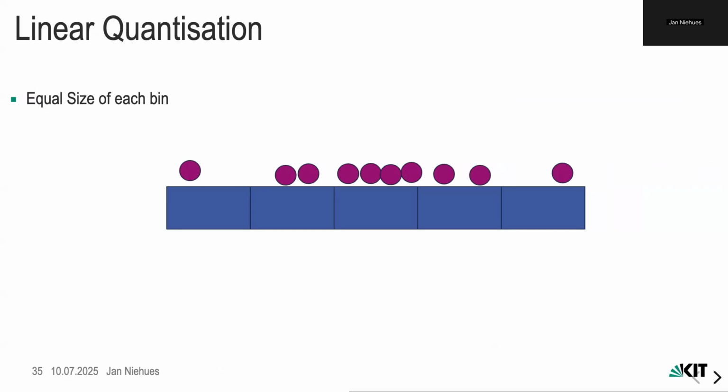If we want linear, of course, each bin has the same size. Which without any prior knowledge might be good, but in some applications that might not be super helpful. If you have one bin where there are very few values and others where there are a lot of values, maybe these differences are more important, and maybe therefore you want to do a different type of quantization.